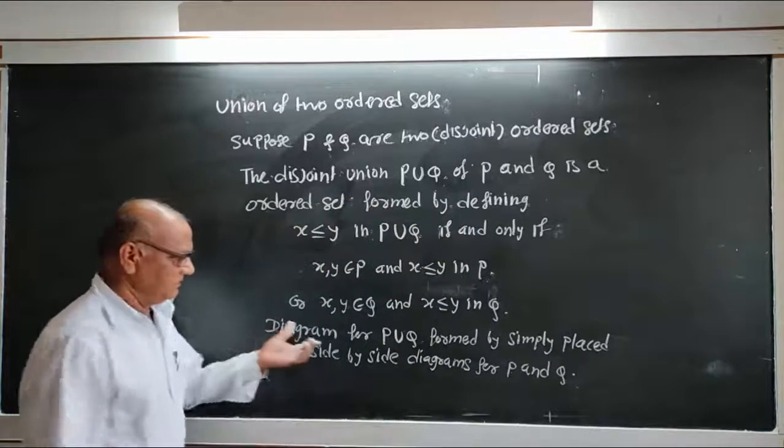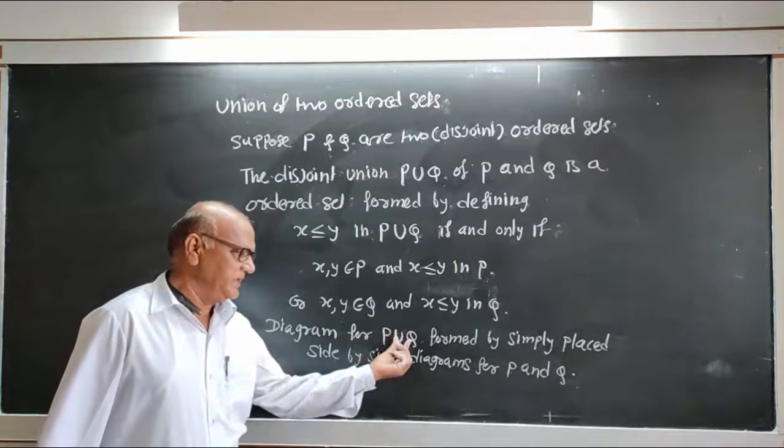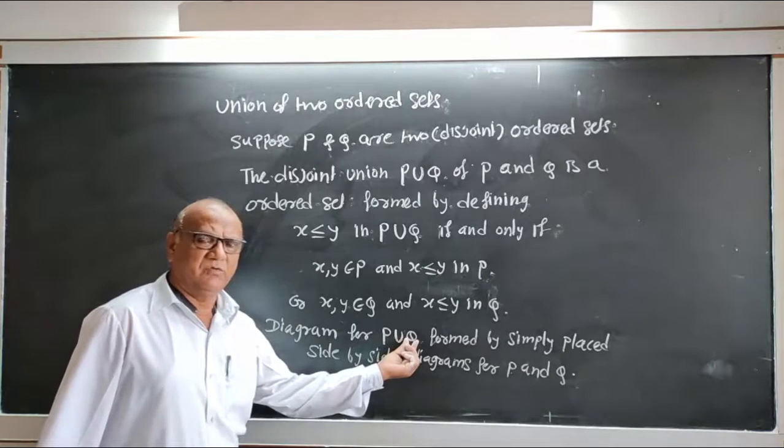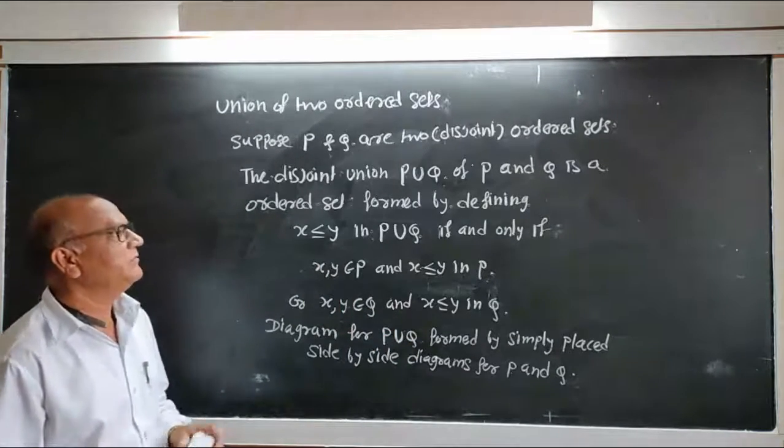That means first draw the diagram of P and then the diagram of Q. This is the diagram of P union Q.